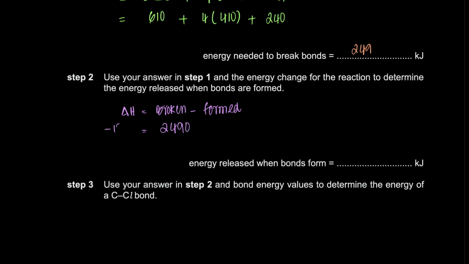This is minus 180. And formed, what is formed? Now what's formed is 4 carbon-hydrogen bonds, which are 410, plus 2 CCl bonds, let's call them X. That's what we have to find out. And yeah, simple math at this point.